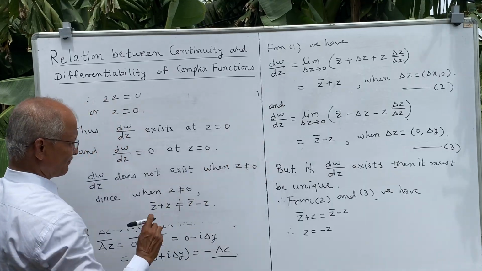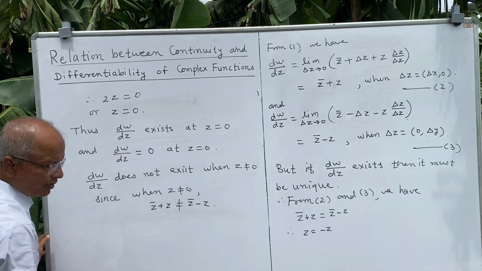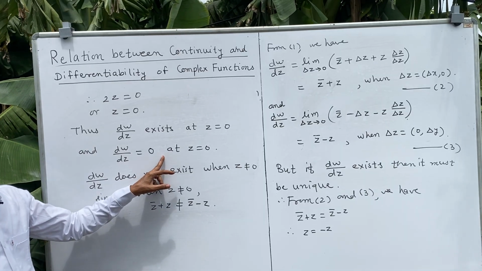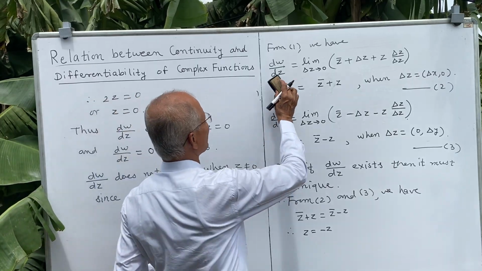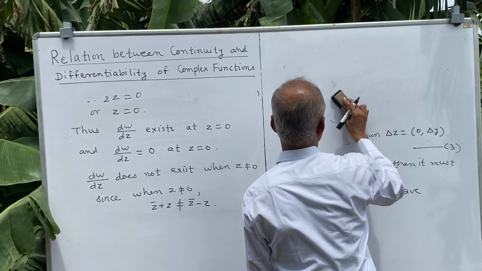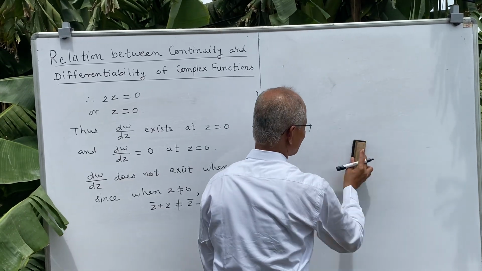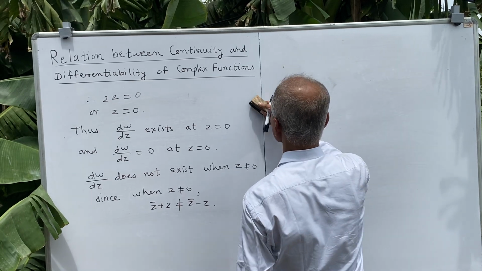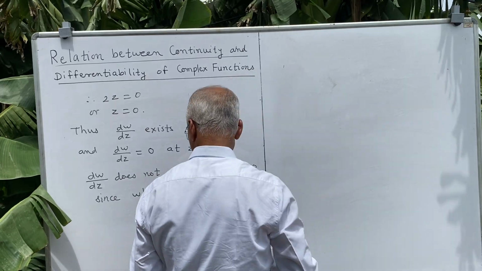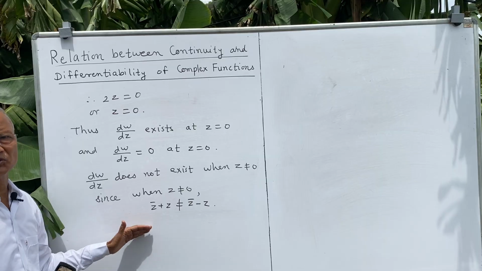The two limits are different. So thus the derivative of mod z square exists only at 0 and nowhere else. We have shown that this derivative exists at the origin only, and does not exist at any other point, which means it does not exist in the neighborhood of 0 either.